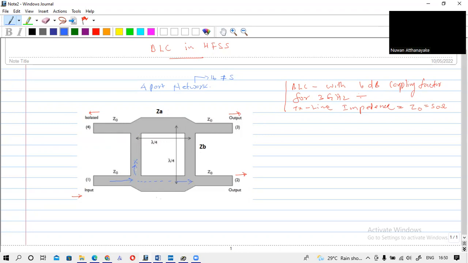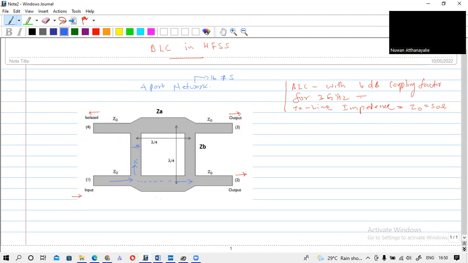Ideally there is no power at the isolated port, but practically we have some very small power through this also. To block the signal going through this branch, you can see that we have to make this strip.